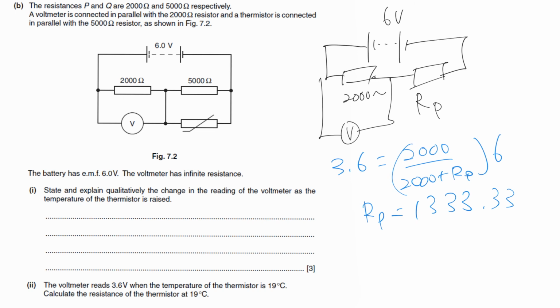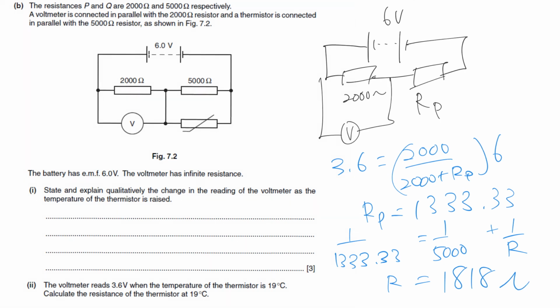So then you use the formula for resistance in parallel, because this RP is the resistance between these two. So 1 over 1333.33 equals 1 over 5000 plus 1 over R of the thermistor. Then you find the resistance of the thermistor. So you get R as 1818 ohm.